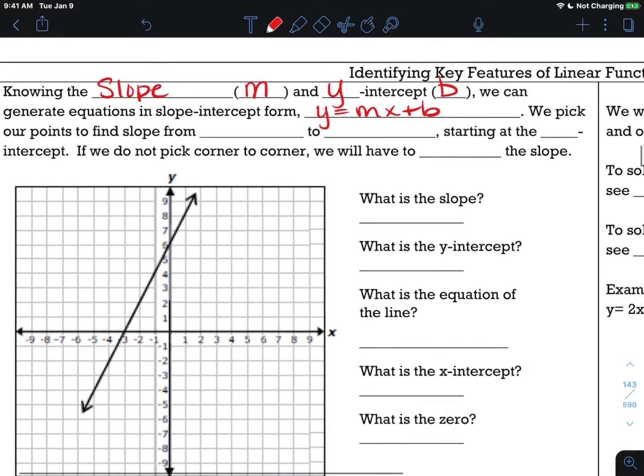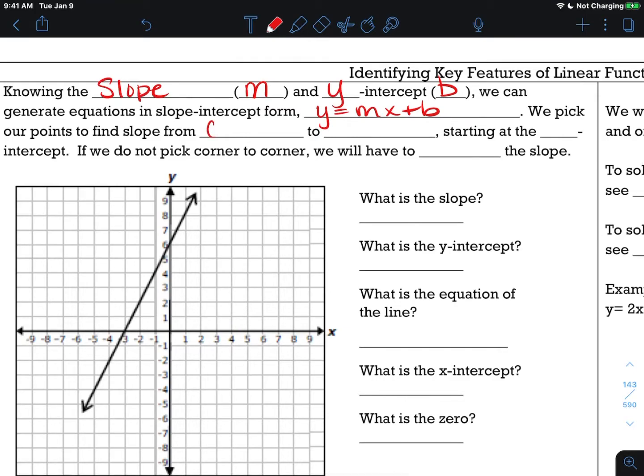We pick our points to find slope from corner to corner, starting at the y-intercept, also known as B. If we do not pick corner to corner, we will have to simplify the slope. So the good thing about that is we don't have to. As long as we can have it as a fraction, our slope is super easy to read.